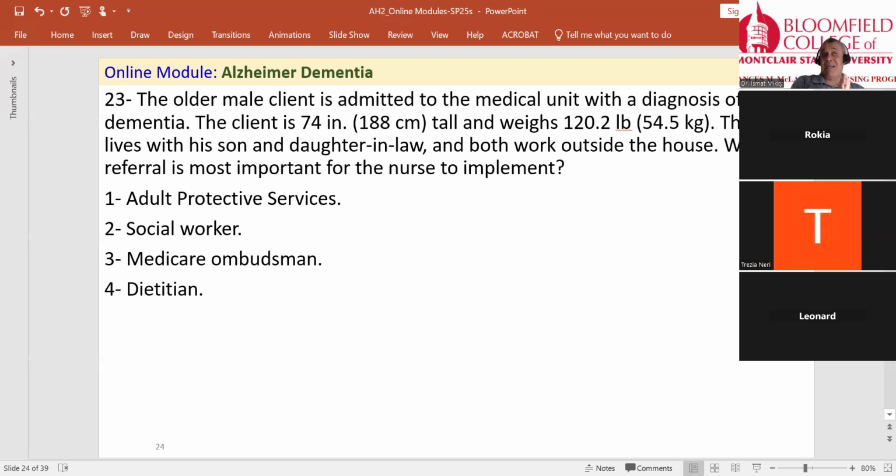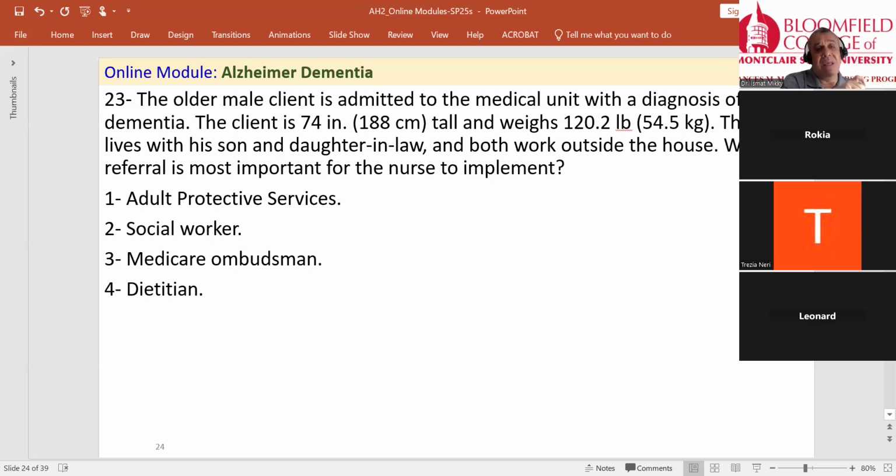If you had determined that the patient is being neglected or abused, that's when you would call APS. However, from this scenario we don't have full, detailed information. The patient may not be well nourished, and both family members work outside the house, but we don't know that this is willful neglect or abuse.